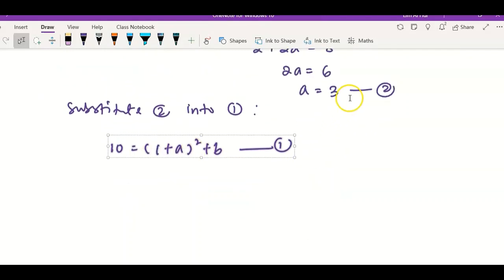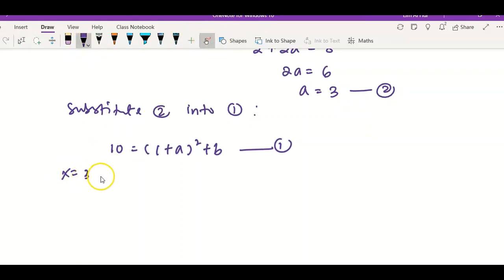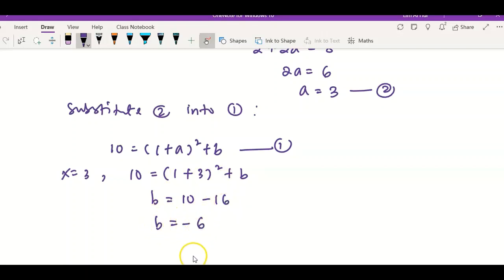Into the first equation, you get 10 equals 1 plus 3 squared plus b. So your b will be equal to 10 minus 4 squared, 16. Okay, b equals -6.